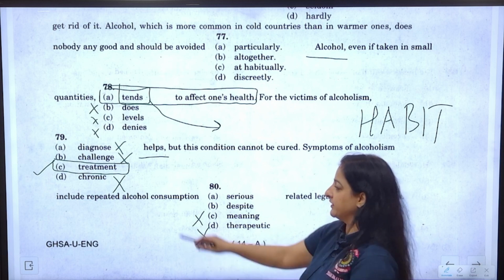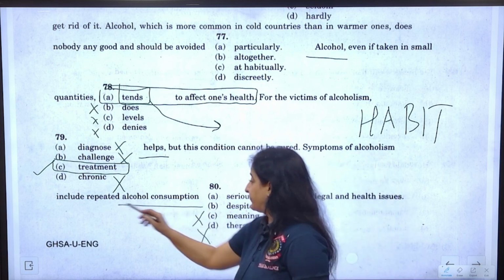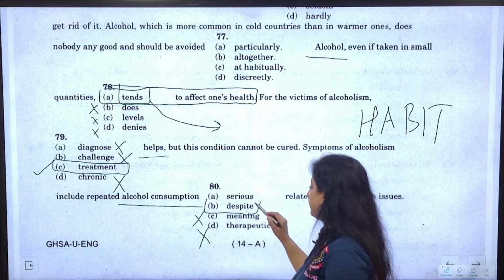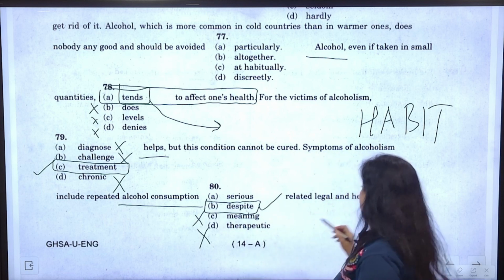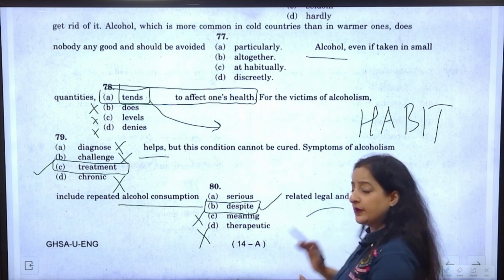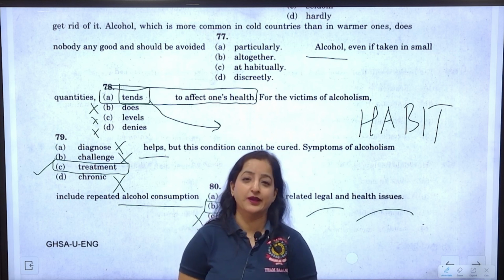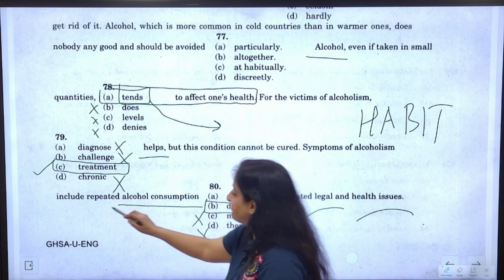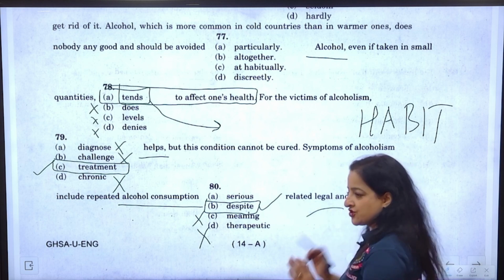The symptoms include alcohol consumption. देखो यहाँ ये आंसर है, despite. Why? कि हालांकि लोगों को इतने लीगल इश्यूज भी हो जाते हैं, हेल्थ इश्यूज भी हो जाते हैं, फिर भी अल्कोहल को छोड़ते नहीं हैं. Right? So repeated alcohol consumption despite health issues.